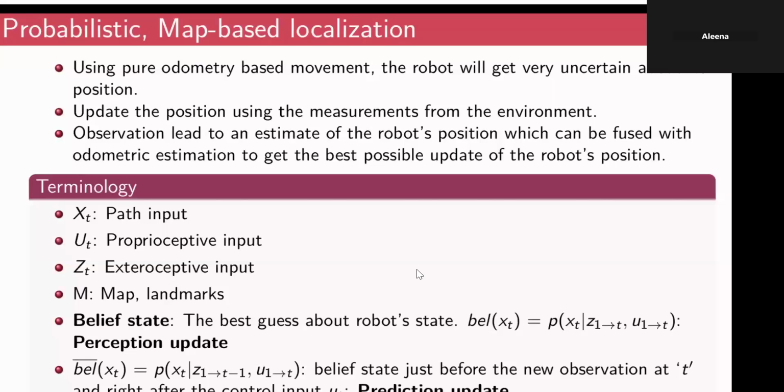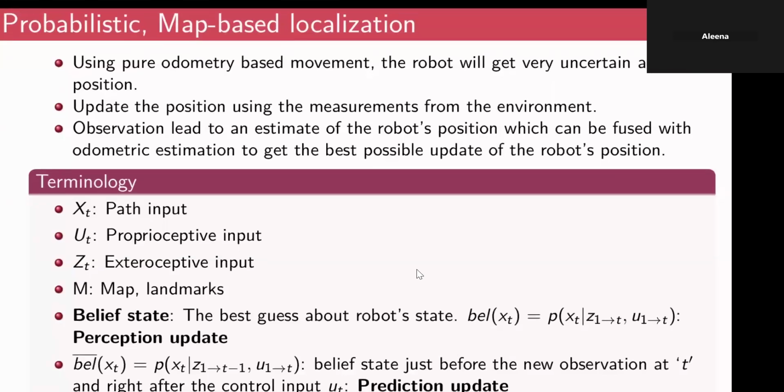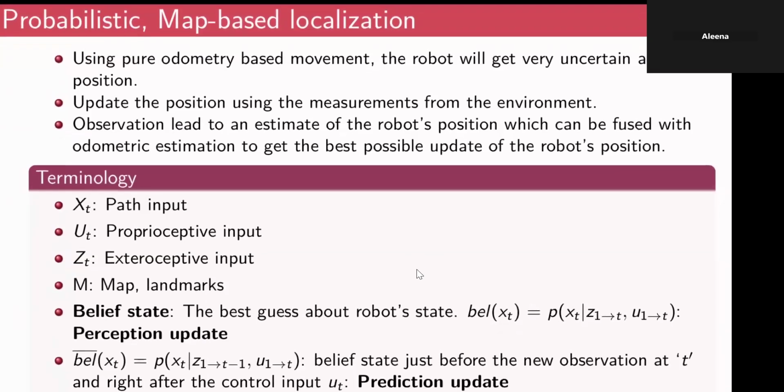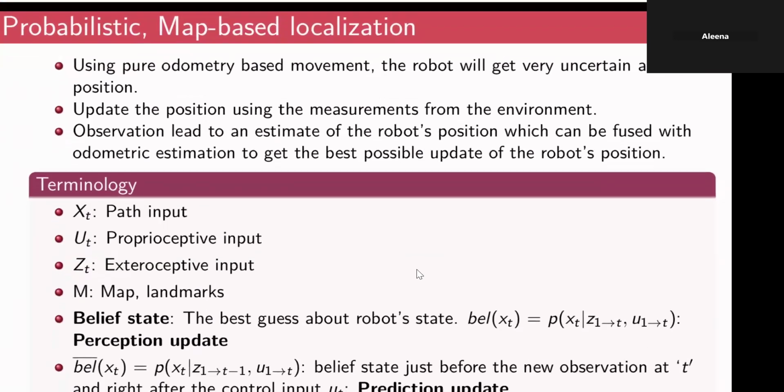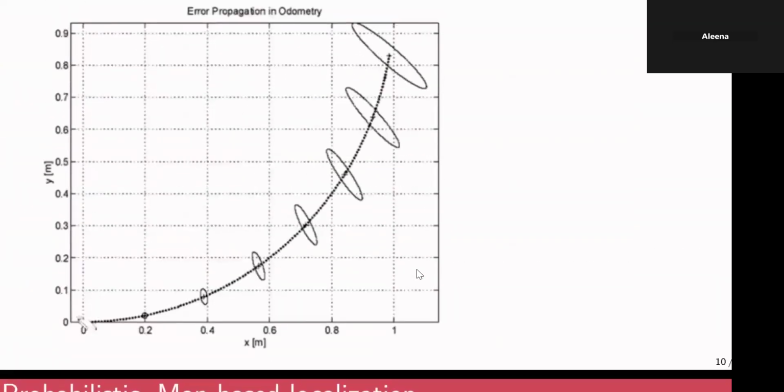Now that we have some clarity regarding how these errors are building up, we use a probabilistic implementation of the information from the sensors to solve this problem.